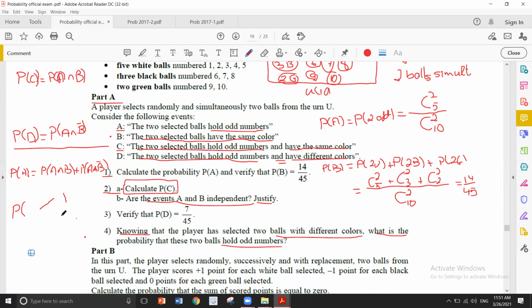What is above, what is below? Odd numbers above, A above. Two different colors, B bar, below.